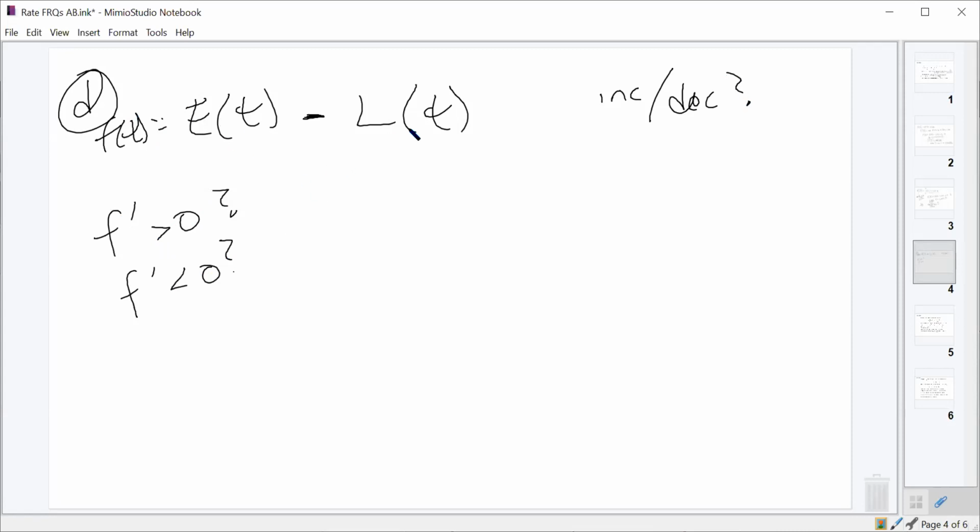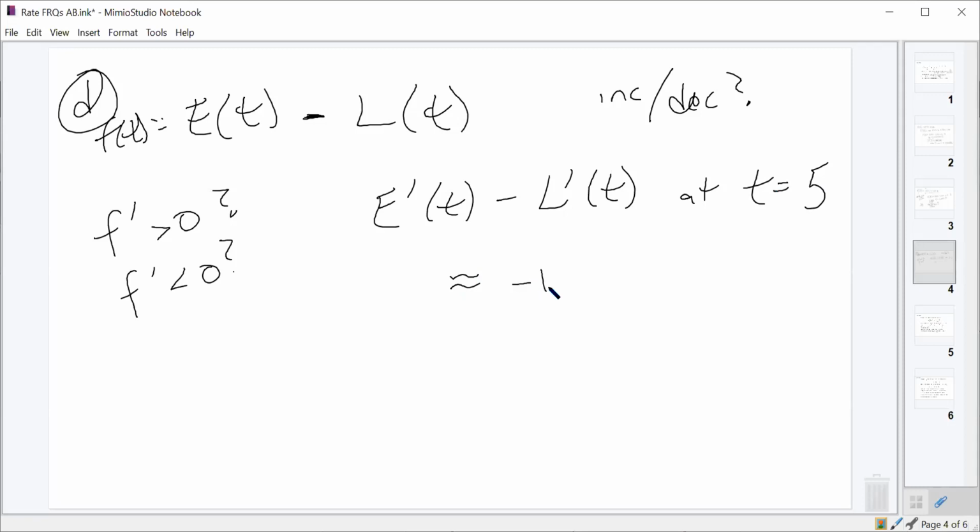So the derivative of E of t minus L of t is E prime of t minus L prime of t. And we want to look at this at t equals 5. You're given your calculator, so all you have to do is type in this function, E of t minus L of t, use the derivative calculator on your thing at 5, plug it in, and you get a value of negative 10.7228, which is less than 0.